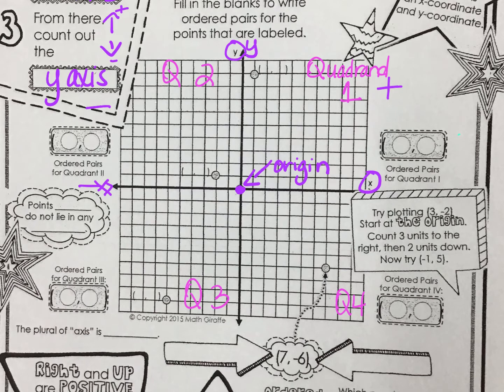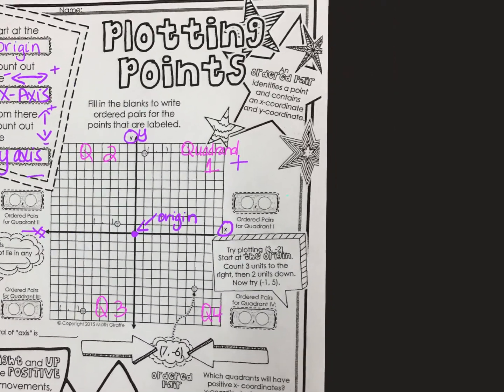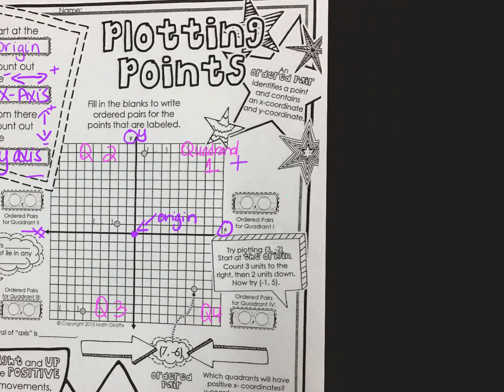All right, so we know what quadrant. Now, when you have coordinate pairs, and I'm just going to write this over here, they're going to look like this.